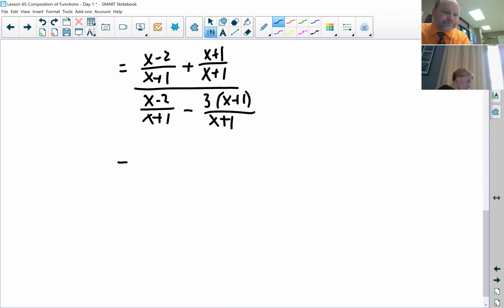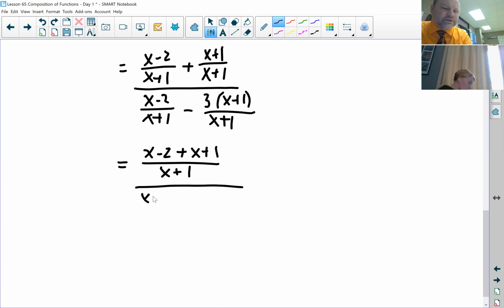Now I'm going to write it as a single fraction in the numerator, a single fraction in the denominator. So x minus 2 plus x plus 1 over x plus 1. And x minus 2. Be careful with this subtraction.